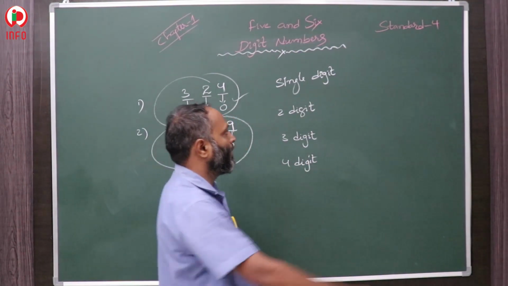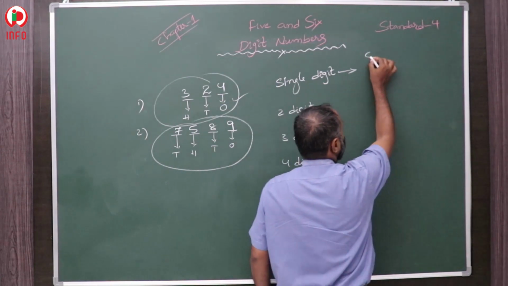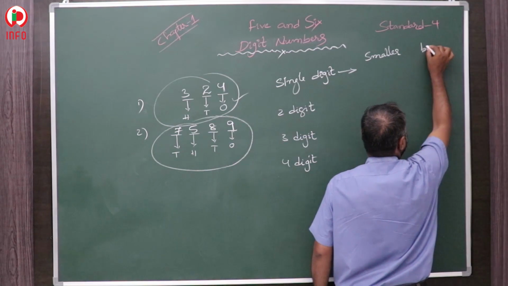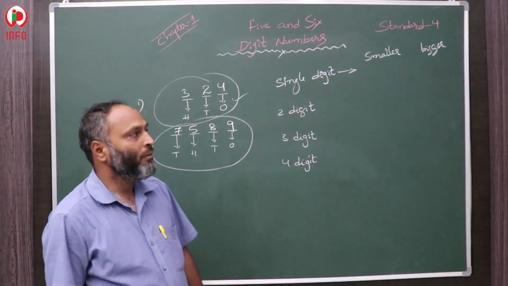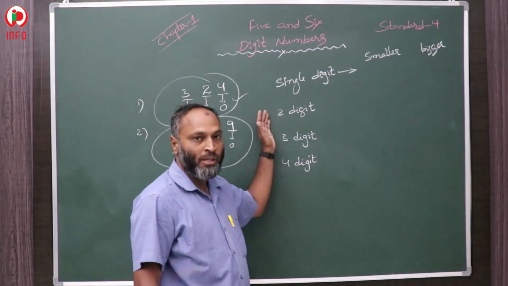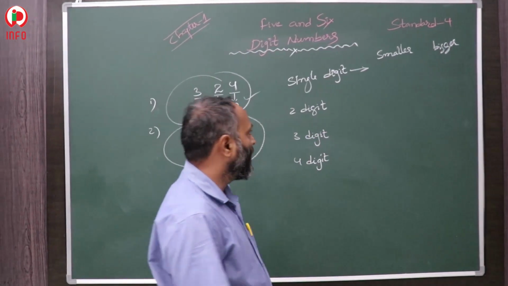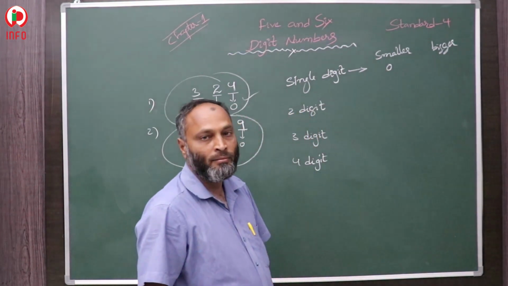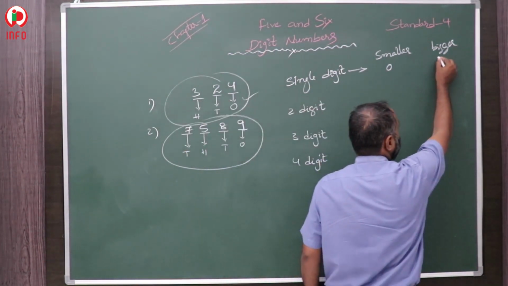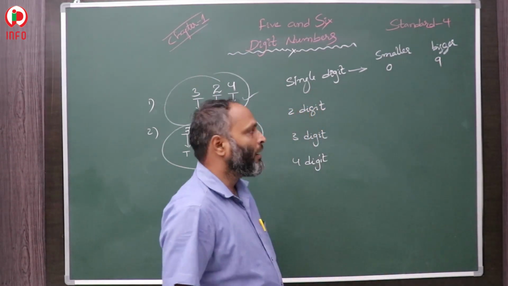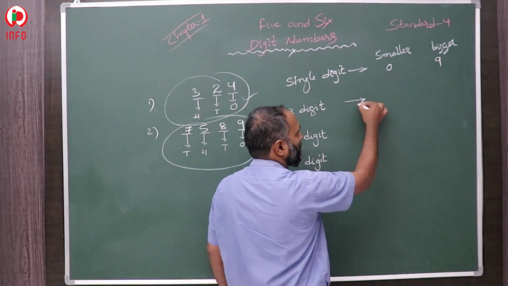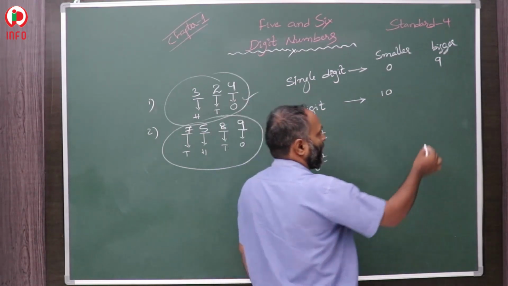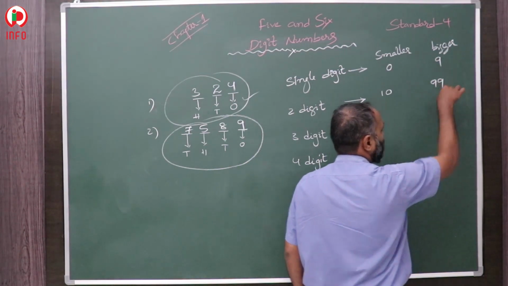In these numbers, here smaller, bigger. This is the bigger number we discussed in single digit, 2 digits, 3 digits and 4 digits. In a single digit, 0 is the smaller number and 9 is the bigger number. In double digit numbers, 10 is the smaller number and 99 is the bigger number.